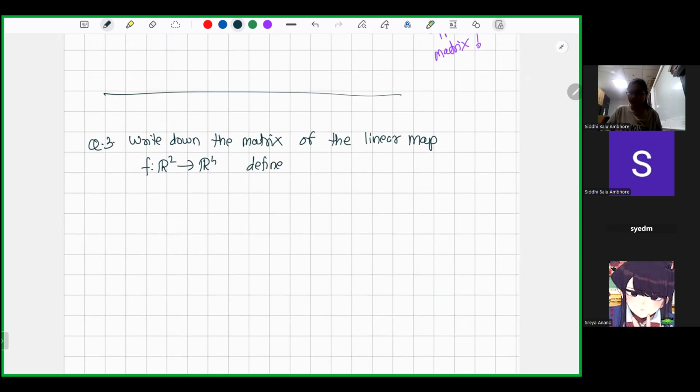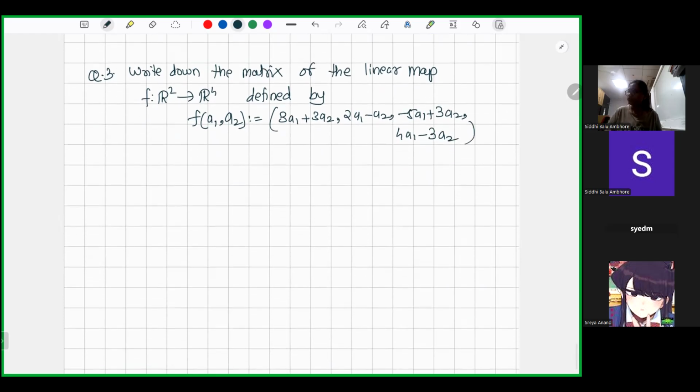So we will see explicitly how, when the bases are different, the matrix looks different and so on. This is the map (3a1 + 3a2, 2a1 - a2, -5a1 + 3a2, 4a1 - 3a2). Okay. And yeah, so this is my map.